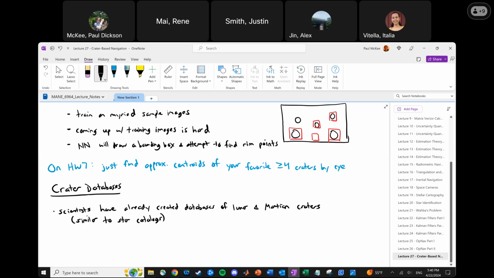So we are going to be borrowing data from a different field of study because it's useful to us as navigators. These often contain, among other things, location, so latitude and longitude of the crater center, diameter, and ellipticity, how much it is not a circle.